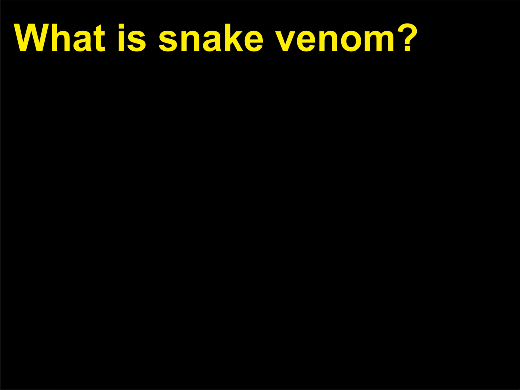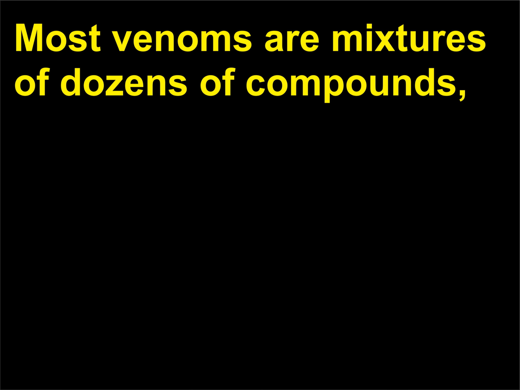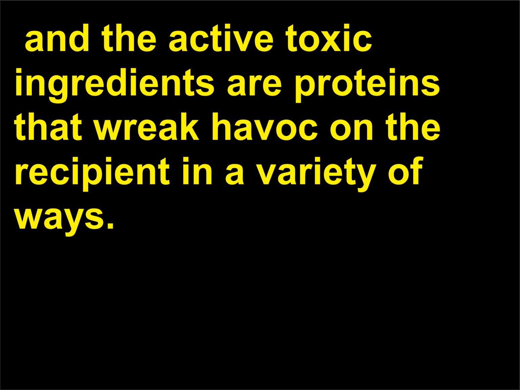What is snake venom? Most venoms are mixtures of dozens of compounds, and the active toxic ingredients are proteins that wreak havoc on the recipient in a variety of ways.